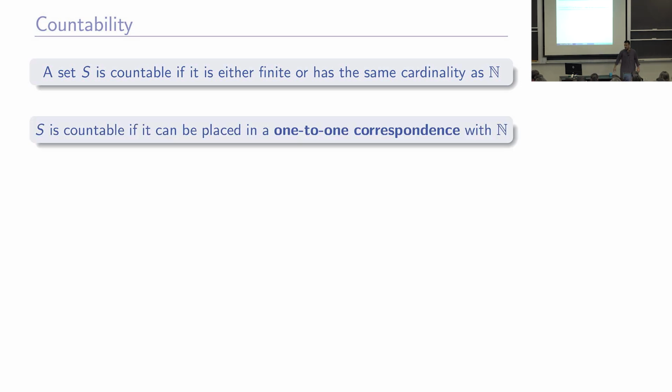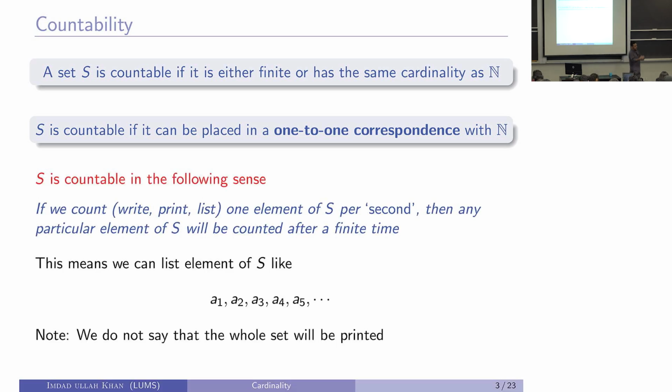So a set is called countable if it is either finite or it has the same cardinality as natural numbers, right? Or, replacing the same cardinality with the other side of the equivalence, if and only if it has a bijection with the natural numbers. If the elements of that set S can be placed in a one-to-one correspondence with the set N, right? And now you just think about it.